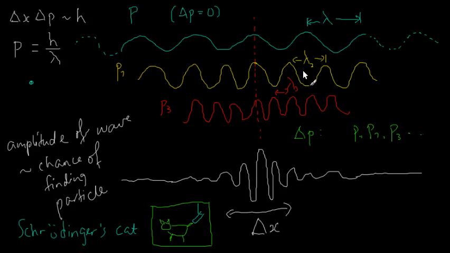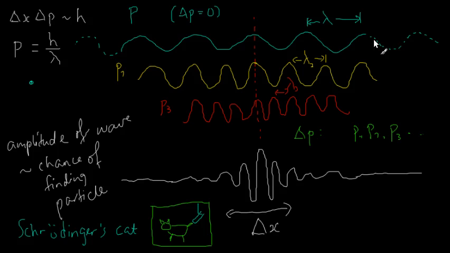Let's make use of these pictures about the waves, from what I explained in the last video, to try and understand the uncertainty principle a bit more in relation to Heisenberg's example.